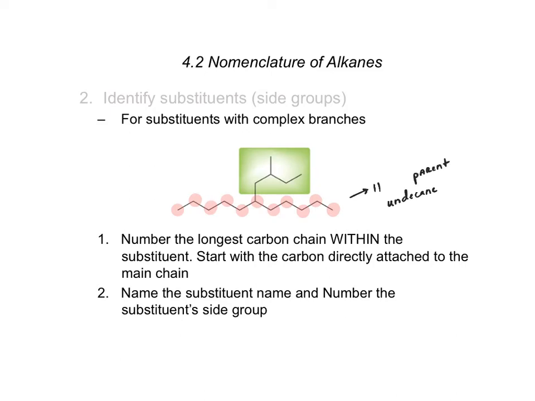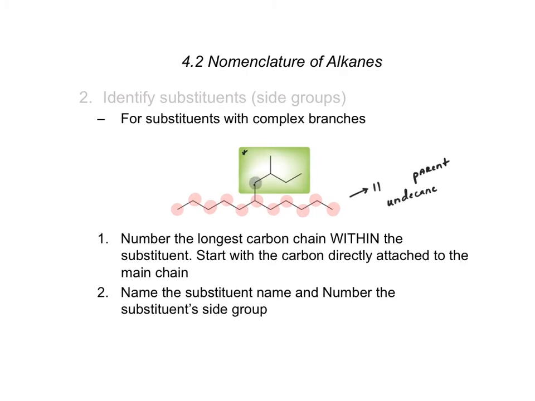Now we're going to identify our substituent, and we'll notice in our substituent, we've got 1, 2, 3, 4, but then this substituent itself has another branch off of it, like a substituent on a substituent, right? And that gives us 5 carbons overall. So our substituent here has 5 carbons, and you would be tempted to say, well, 5 carbons, that's pent, so I'm just going to call this a pentyl group.